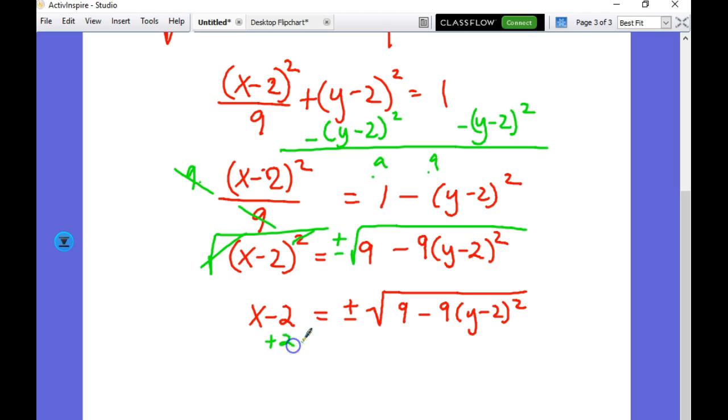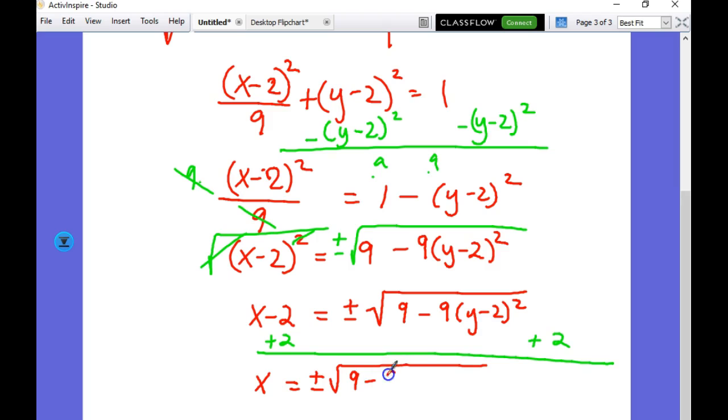Add the 2 over. Are those 9s? Yeah. And so now I've got my 2 halves of the circle, a plus and a minus: x equals 2 plus or minus the square root of 9 minus 9 times (y minus 2) squared.